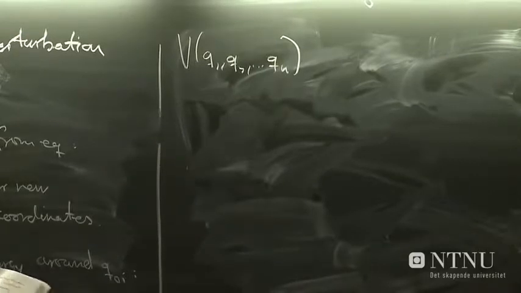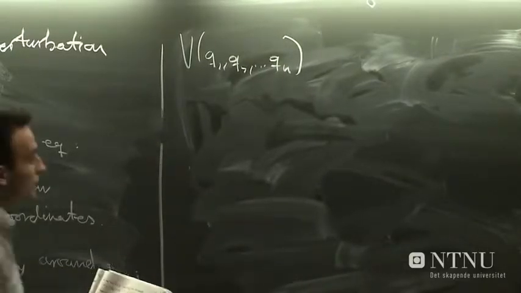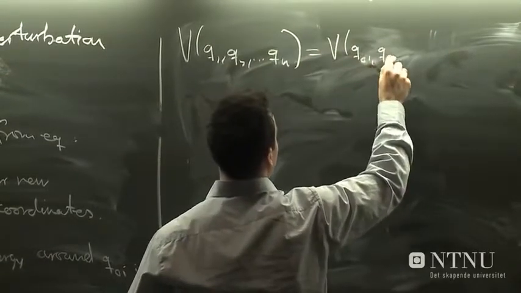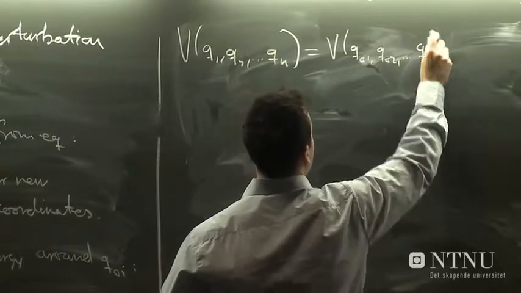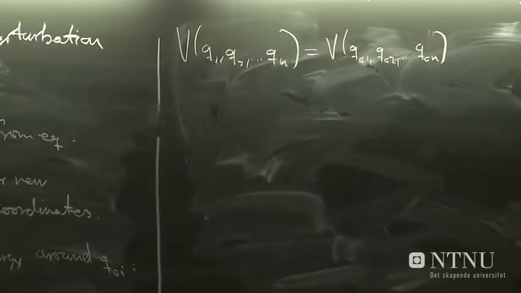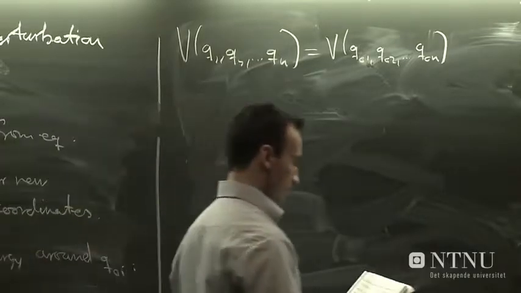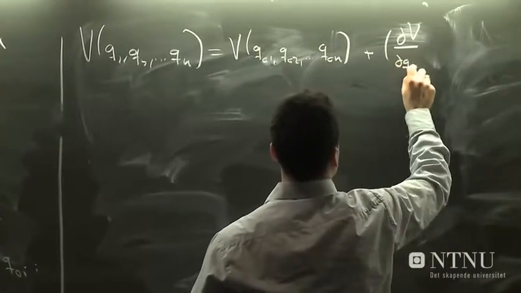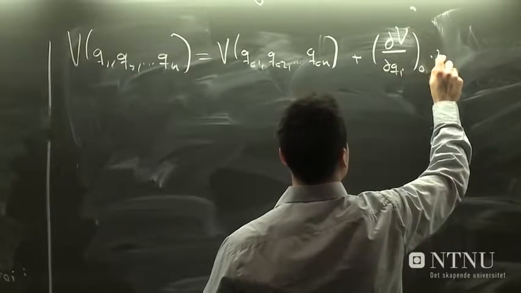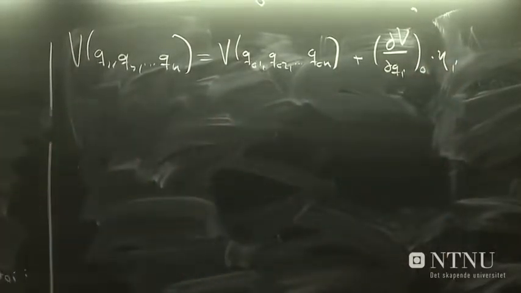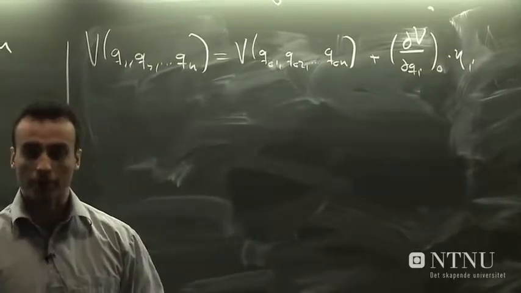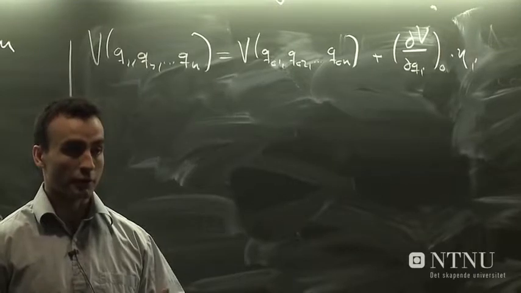We're going to expand this potential around the equilibrium point, which gives us, to lowest order, just its value at the equilibrium point. The next order correction is the derivative of the potential at the equilibrium point multiplied with this perturbation.